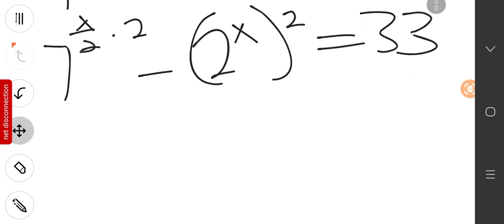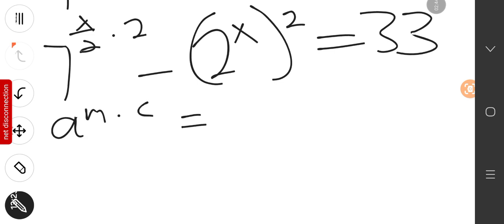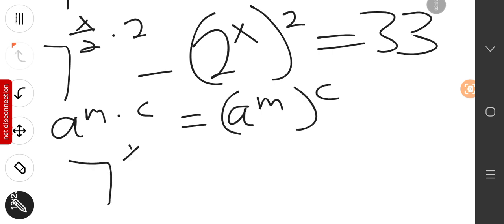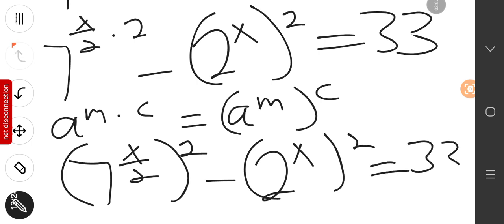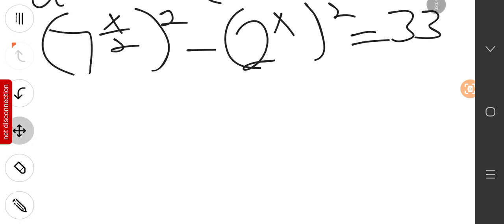Now let's apply the power of a power rule here: a exponent m times c is the same as a exponent m multiplied by c. So we have 7 exponent x over 2, squared, minus 2 exponent x, squared, equals 33.